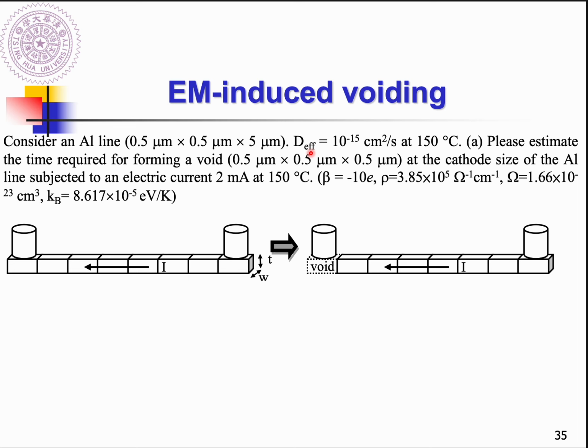So the effective diffusivity of this alumina line is like this at 115 degrees C. The question here is, please estimate the time required for forming a void with this size, 0.5 times 0.5 times 0.5 micrometer, at the cathode side of the alumina subjected to an electrical current of 2 milliamp at 115 degrees C, and it also gives you some relative information you probably need for these questions.